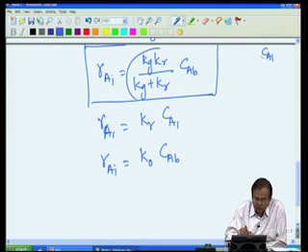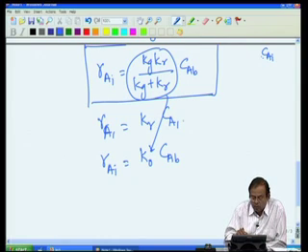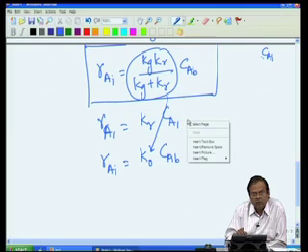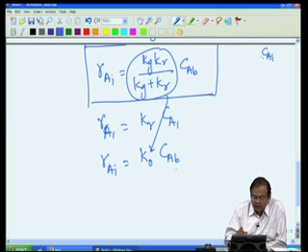So, this is my K naught. So, my reaction was first order kinetics with the surface concentration, it remains first order even with the bulk concentration, but this is not true for all cases. This is true only for first order case.